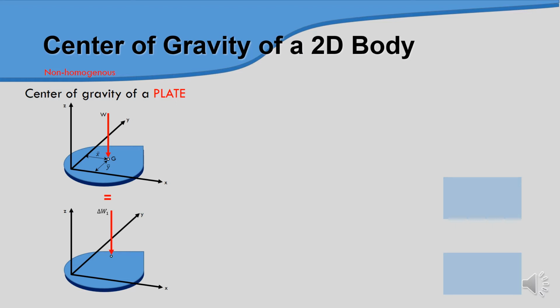If you look at delta W1, the position is somewhere like this, so we can determine the position x1 and y1.